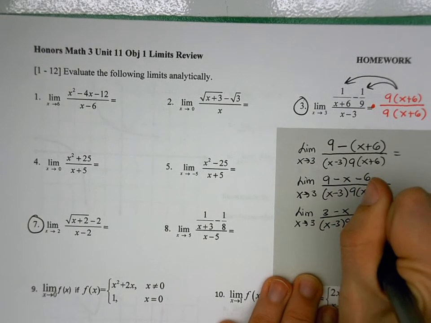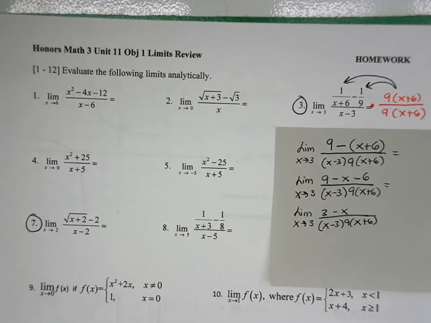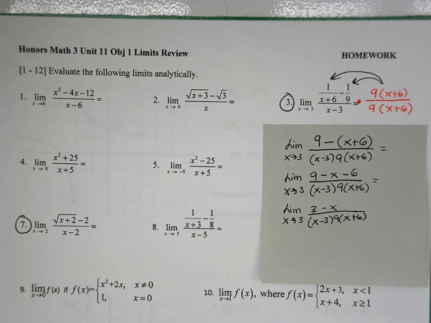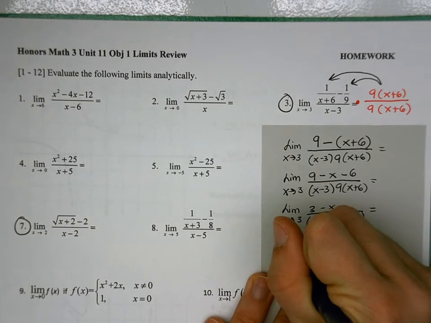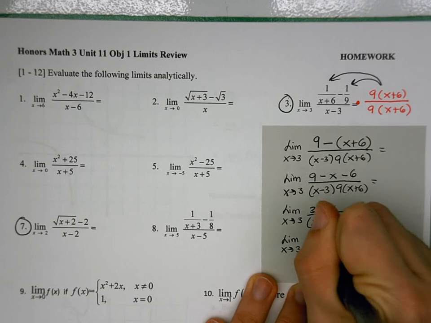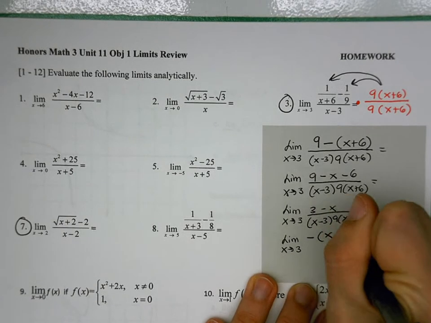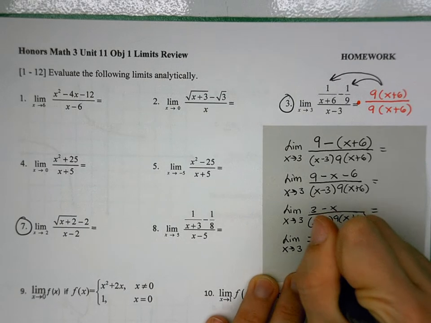And so maybe you got to that point and you're sitting there going, man, I have got a 3 minus x in the numerator and x minus 3 in the denominator. It would be really nice if those could simplify. Well, they can, if I factor a negative out. If I factor a negative out of that numerator, I get the limit as x approaches 3 of negative, and then this would be positive x and negative 3.